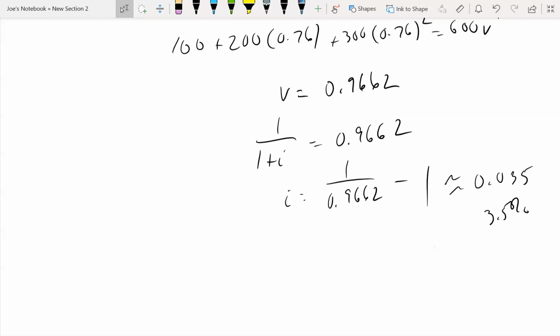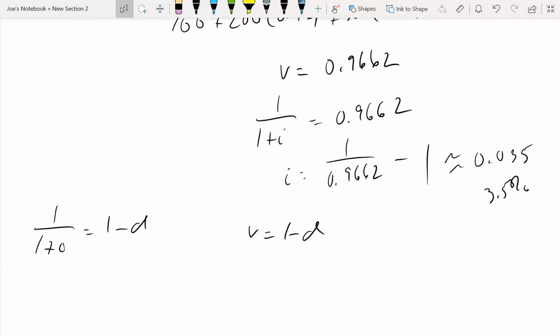All right. So, remember that we also had the formula that 1 over 1 plus I was 1 minus d? Remember when we started doing discount? So that gives us another formula for your v equals 1 minus d, if you've got the effective discount rate. That's exciting. Or, let's see if we can do another one.